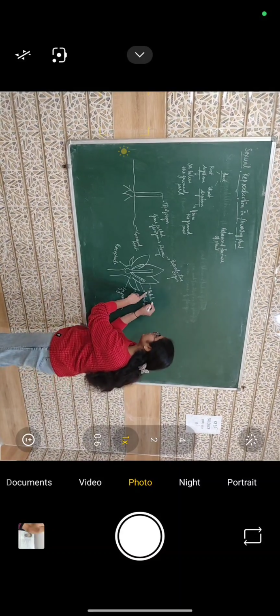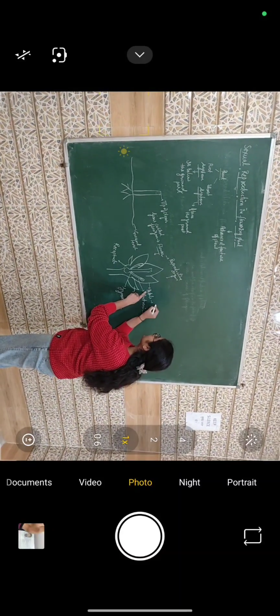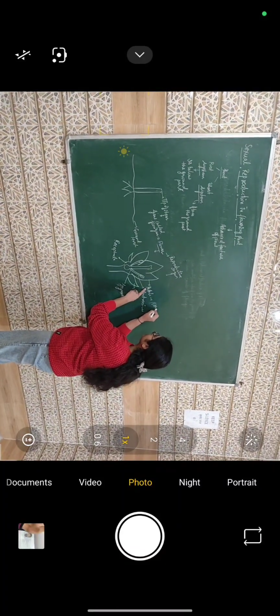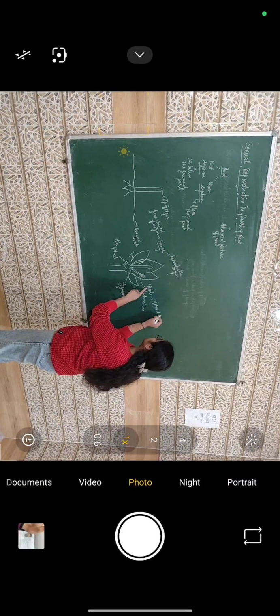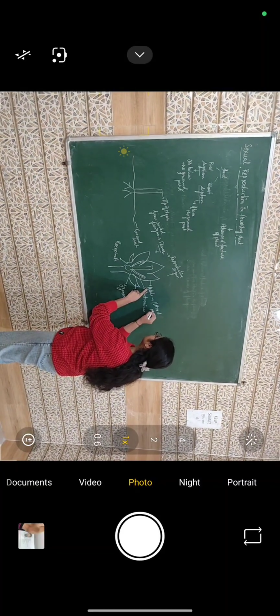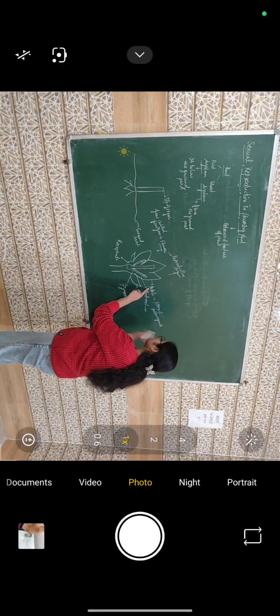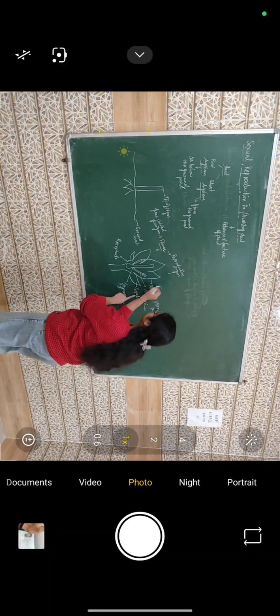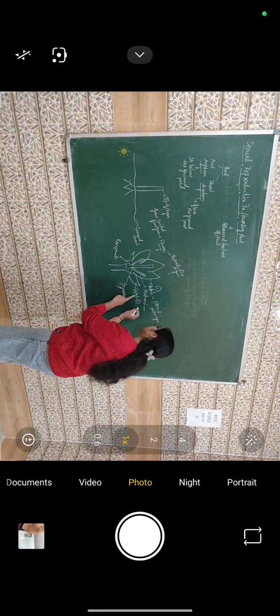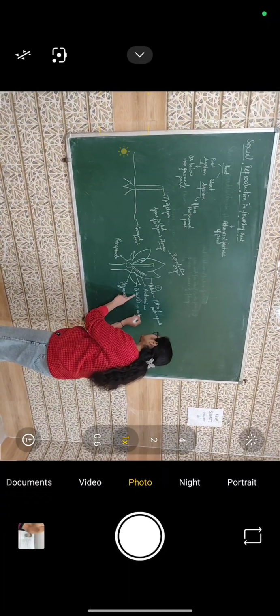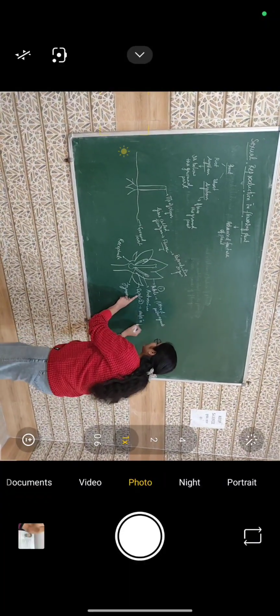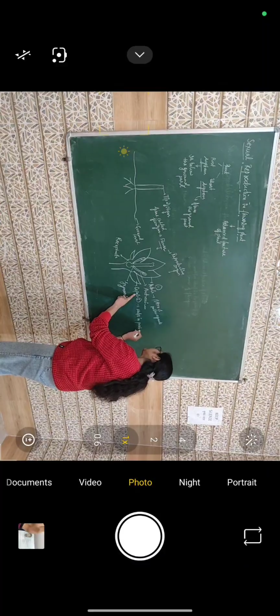One is the petal, which helps to attract the pollen agents, the pollination agents. Second is the sepal. The sepal helps in protection during the bud stage.